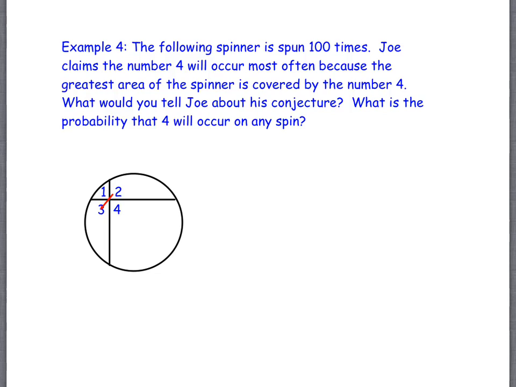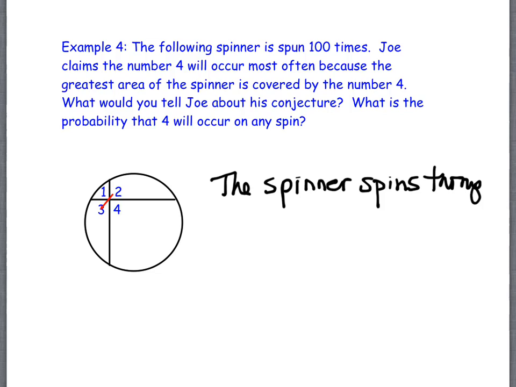They each have the same angle. Ah, it's not about the area, right? So the spinner doesn't spin through area. Do you guys follow what I'm saying with that? The spinner spins through an angle.